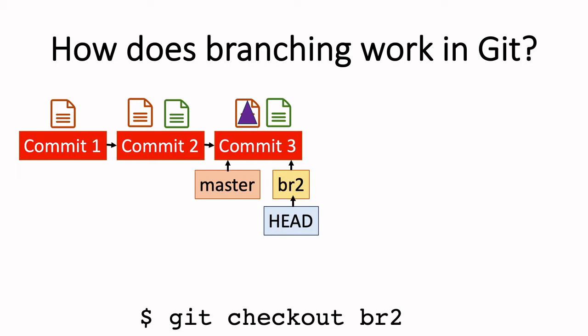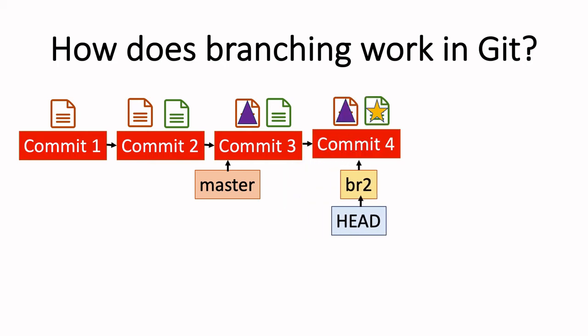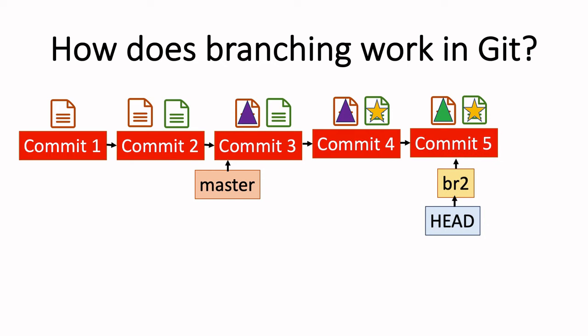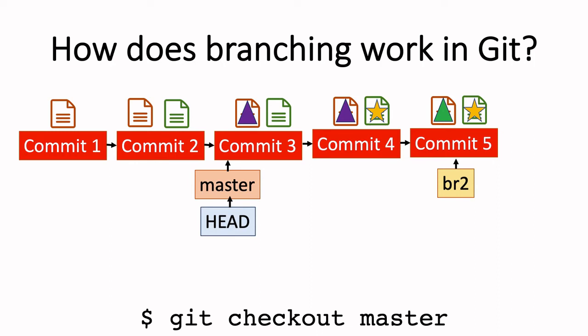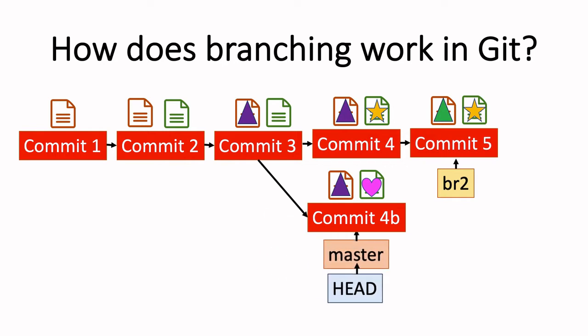For example, if we make two more commits, commits 4 and 5 will be on the br2 branch. The master pointer stays behind, and so the master branch stops at commit 3. If we now check out the master branch again, the head pointer moves there. And if we now create new commits, we will start from commit 3 and follow the master pointer. So in this way, two diverging lines of history are created.